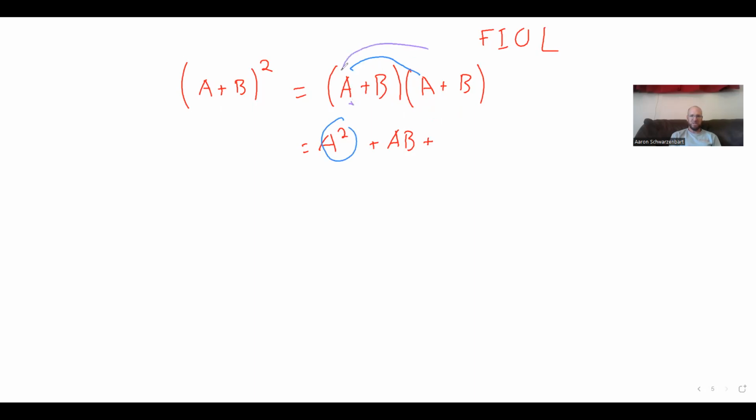A times B is the second one. The third one, BA, and then B squared. So the third one becomes really important to pay attention to the order. B is on the left here, so that produces BA. Left multiplying and right multiplying is different in matrices.